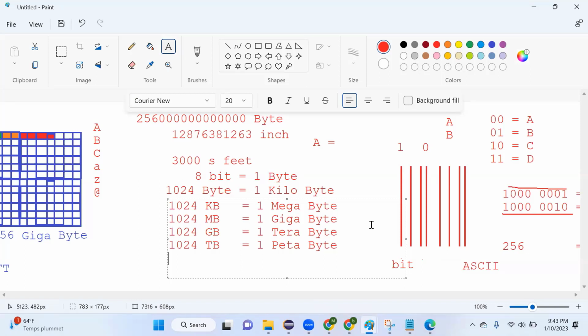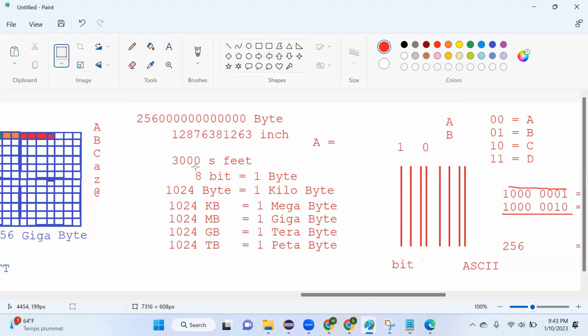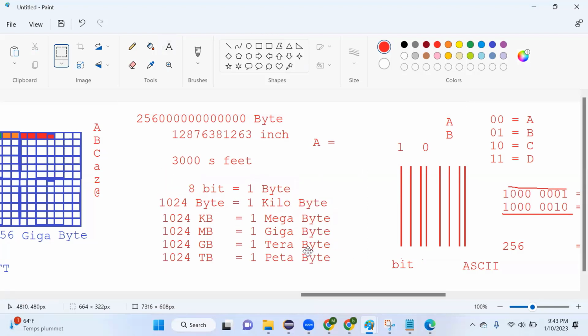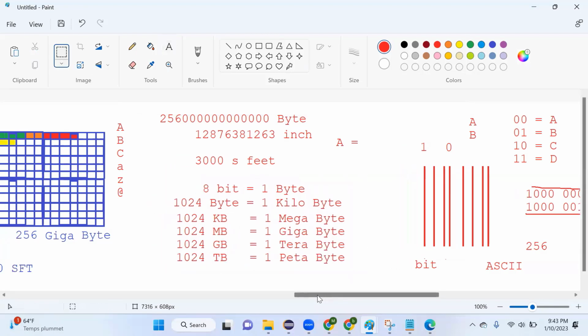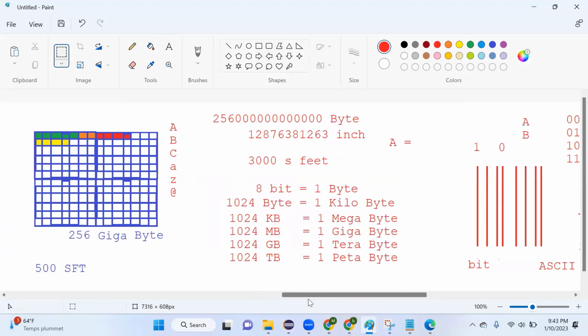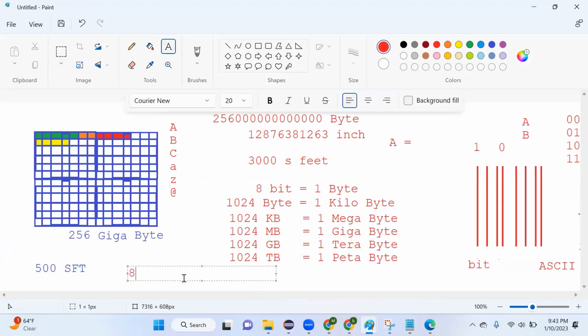Maybe after a few years, but up to petabyte is more than enough to know about computer hard drive size and RAM size. So if your RAM size is 8 GB, then how many bytes? Find the bytes. This is your homework.